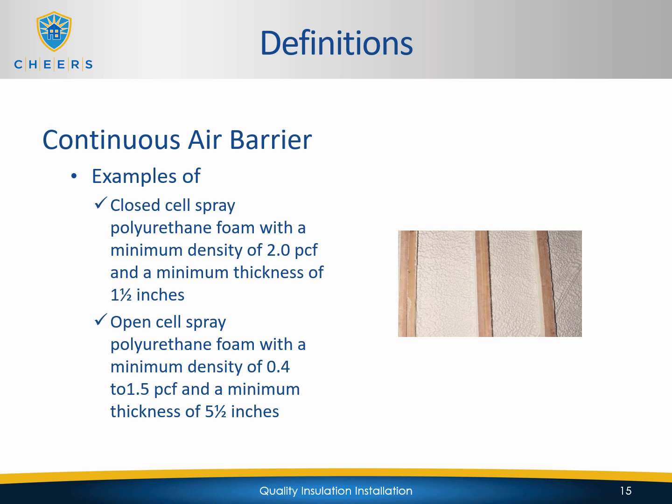Also, closed cell spray polyurethane foam with a minimum density of 2.0 PCF and a minimum thickness of 1/2 an inch, or open cell spray polyurethane foam with a minimum density of 0.4 to 1.5 PCF and a minimum thickness of 5.5 inches. All these materials can be used as a continuous air barrier.